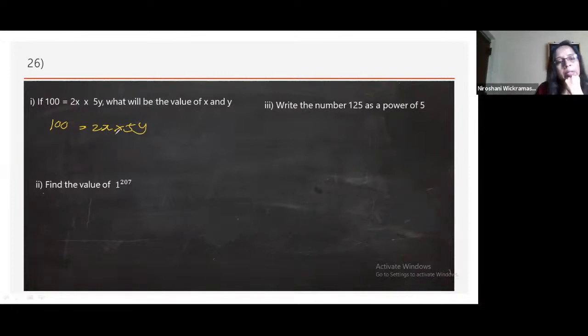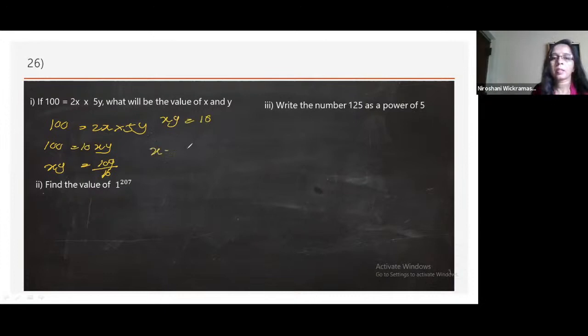So we can write 100 equals 10xy. xy equals 100 divided by 10. xy equals 10. Say maybe x equals 2, y equals 5. If not, y equals 5, x equals 2.